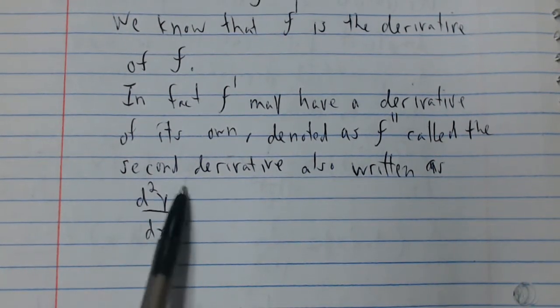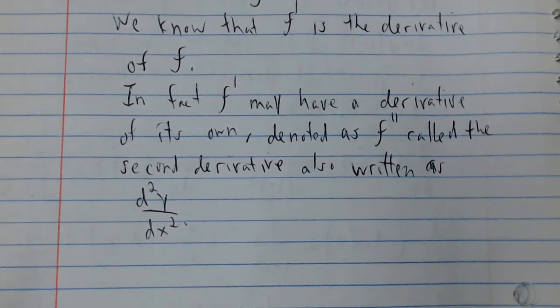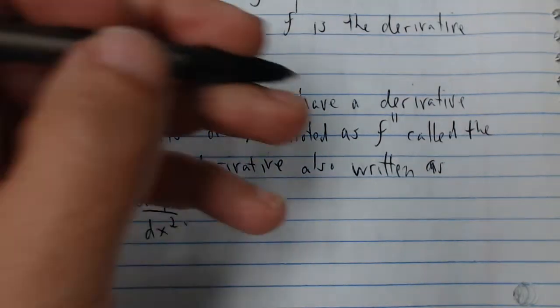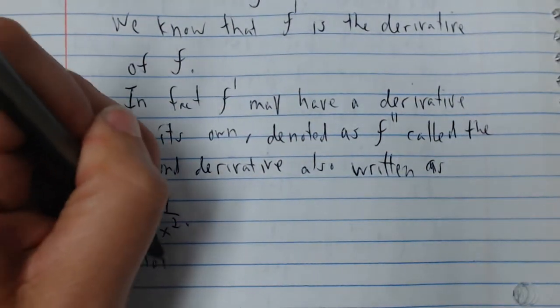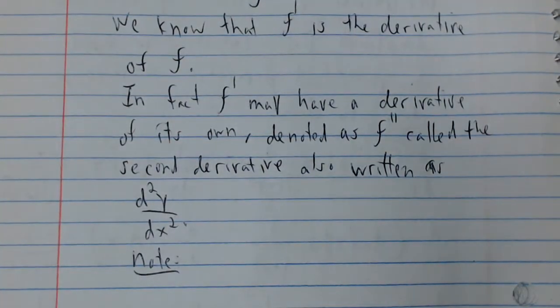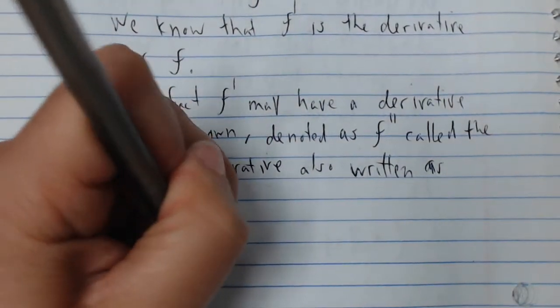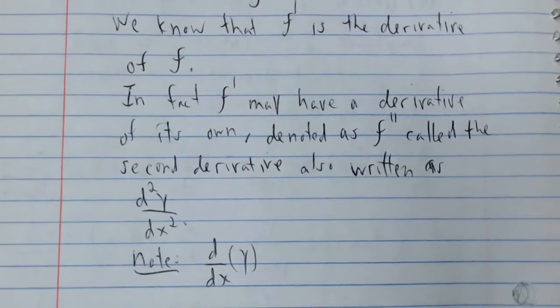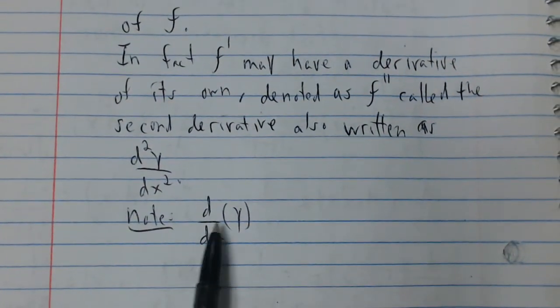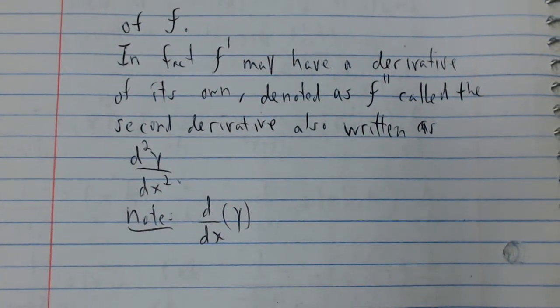So you might be wondering, wait a minute, how is this actually the second derivative? So think of it this way. Note: d dx of y means find the derivative of y with respect to x. So if I'm finding the second derivative of y, what does that mean?